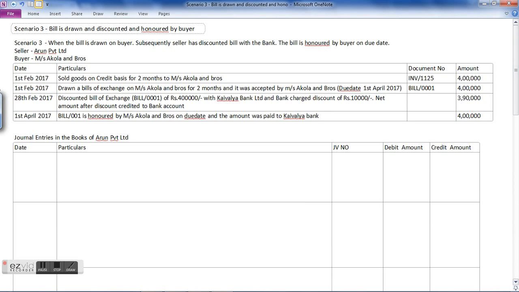So we will pass the entry for the credit sale on 1st February 2017. Okay, sold the goods to Messrs. Akola and Brothers. So the entry will be debtors account debit to sales account.